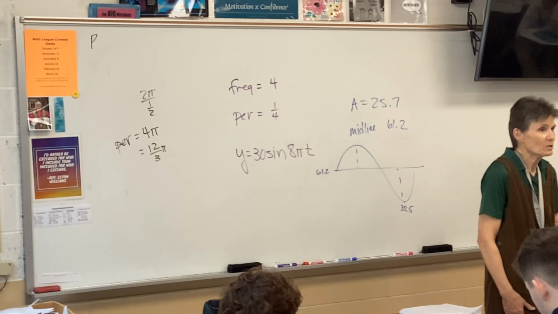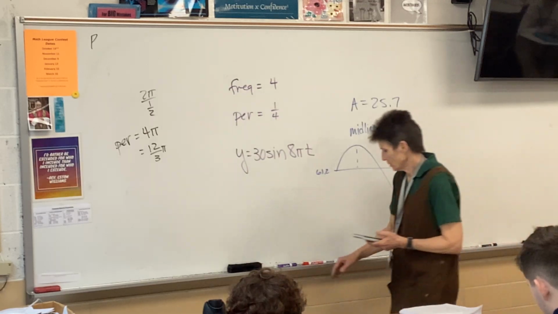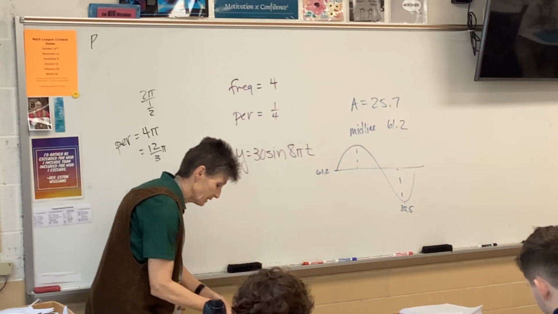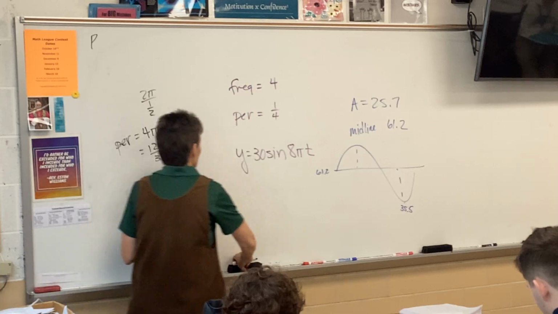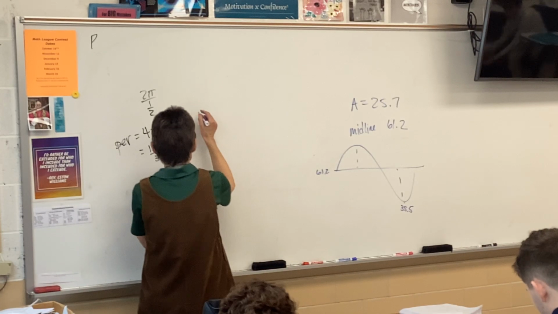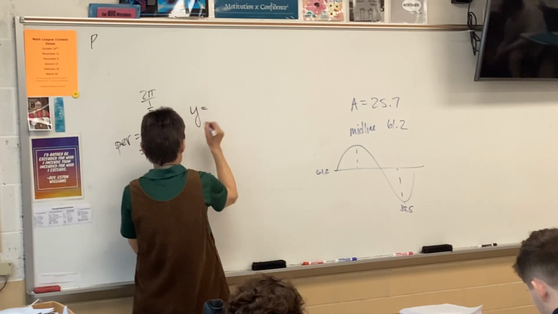Did you come up with an equation? What's it look like? Y equals? Now, when your calculator does it, it doesn't factor out the B, and that's fine. You need to do that in order to graph it. But what did you come up with? Y equals?